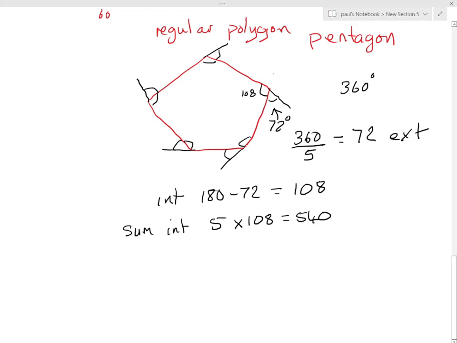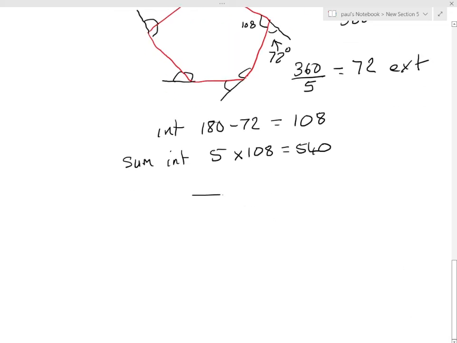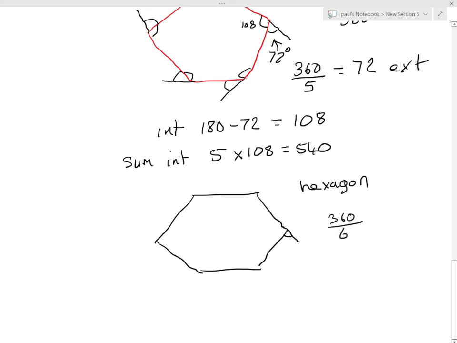It doesn't matter how many sides. If we had a 6-sided shape, now this is all regular, a 6-sided shape, which is a hexagon, we just find the external angle, which is 360, and this time divided by 6, because there are 6 sides. And so that will equal 60 degrees.